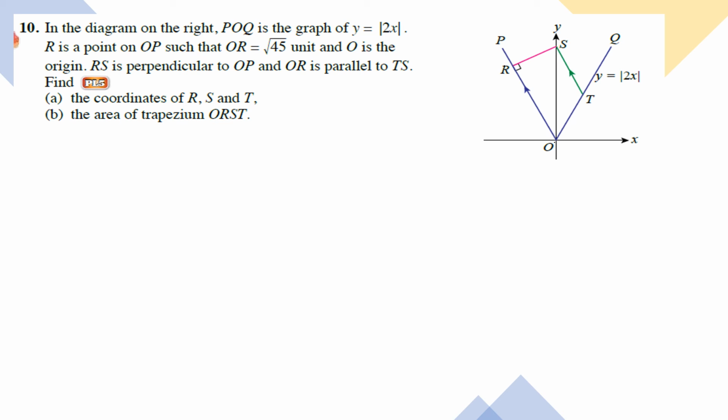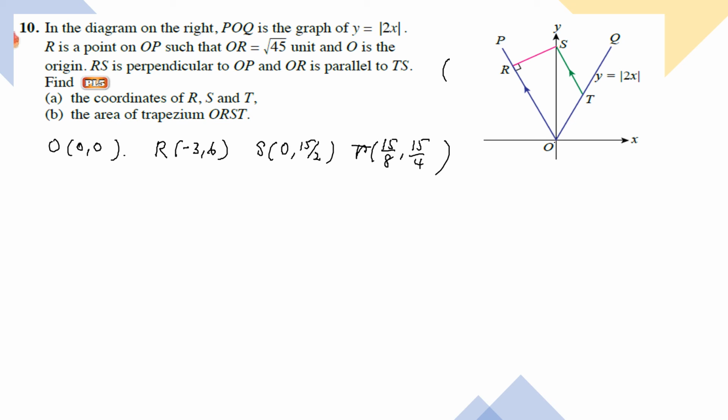Since we have obtained R, O will be 0, 0, R will be negative 3, 6, then S is 0, 15 over 2. Finally, T is 15 over 8 and 15 over 4.